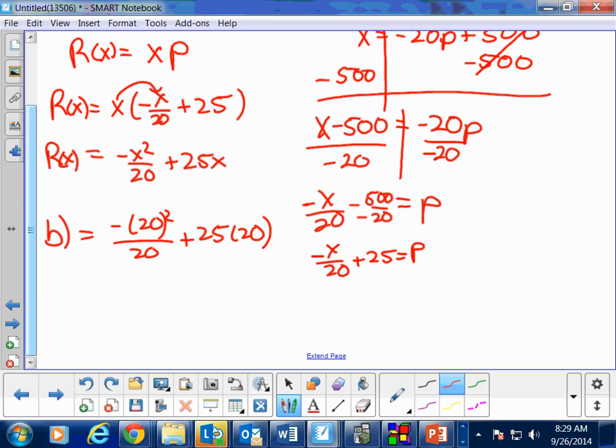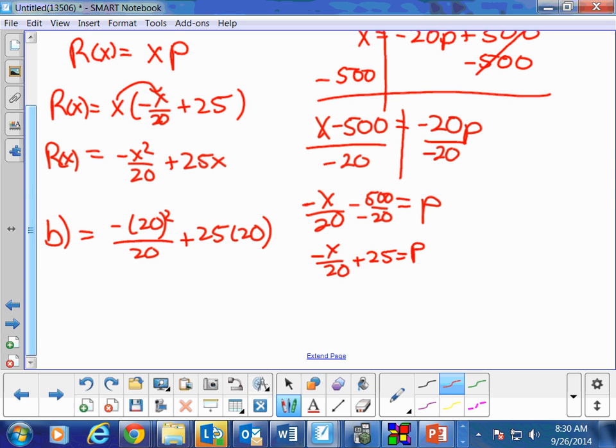Now, let's talk about part C. What quantity x maximizes revenue? For that one, in order to find it out, one of the things you need to do is get the axis of symmetry, to find what x value will maximize revenue.